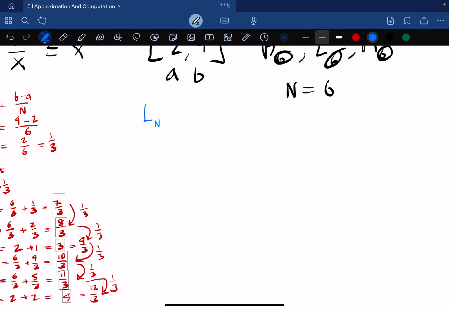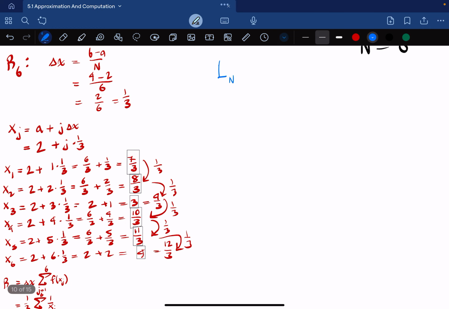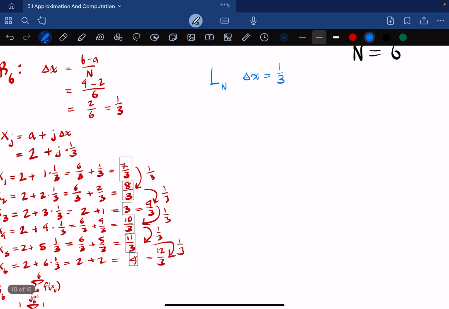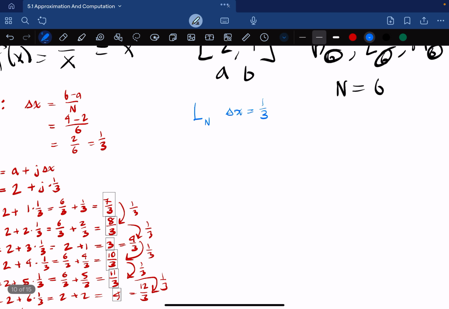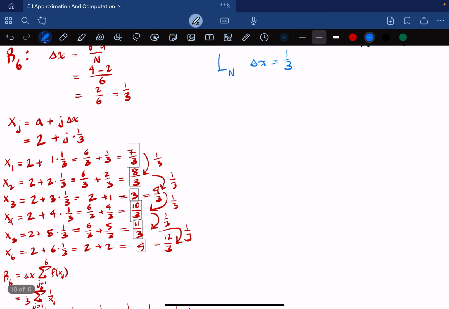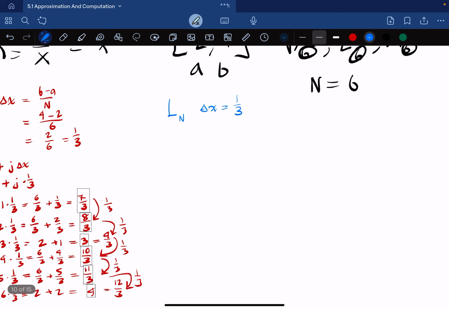Now, for our left end approximation, we have already calculated delta x. We already know that our delta x is going to be 1 over 3. What else do we know? Well, we already know that our left end also needs 6 x values for its endpoints, but it'll actually go from x of 0 to x of 5.